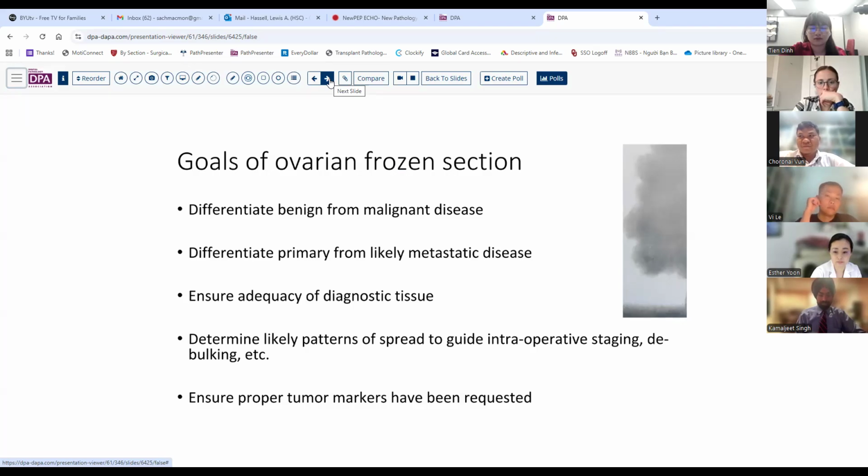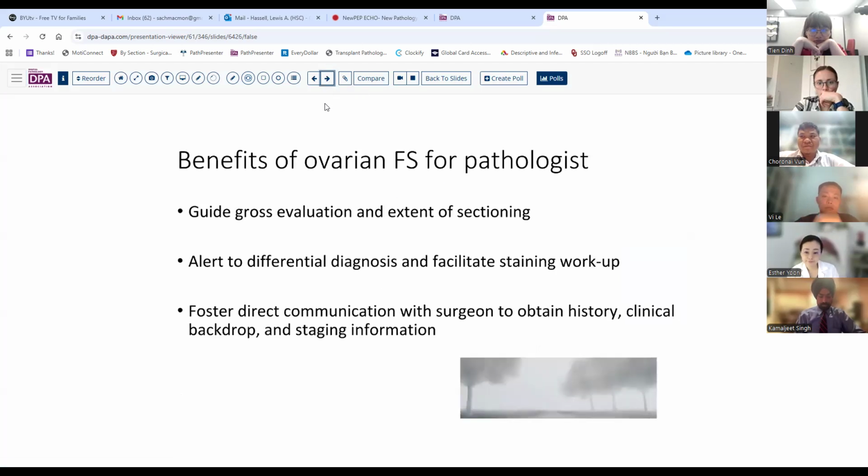What you need to be communicating is not necessarily the specific subtype of ovarian cancer, but rather the category that it falls in. Is it malignant? Is it a common epithelial tumor? Is it metastatic disease? Those are the main considerations. Governing that will be things that help you later as you determine what additional sections and special stains may be needed.